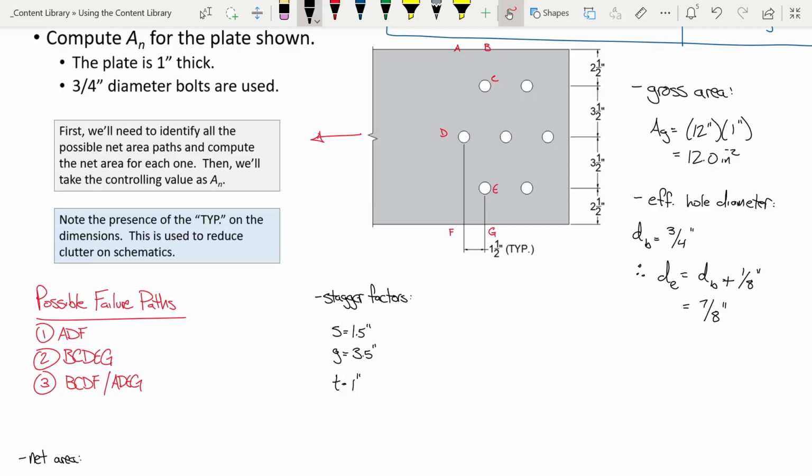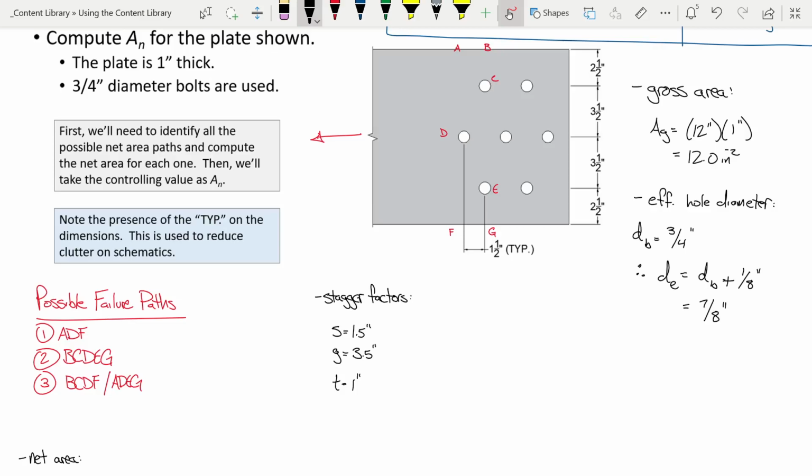Okay, so let's just conceptualize this just to see if we're on the same page. So, we take the gross area minus 1 area of a hole plus how many stagger factors for path ADF? None, right? That's 0.